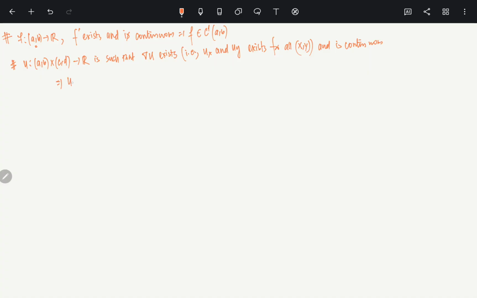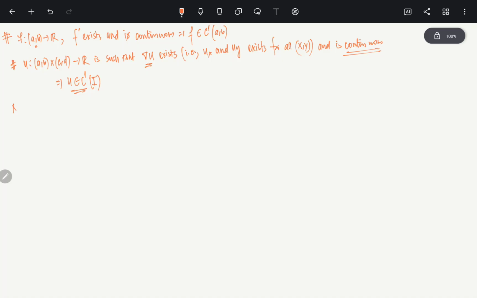That will imply u is C1. So that's just the first derivative. Now this gradient of u is again a function, right? If the gradient of u is continuous, then we say u is C1.